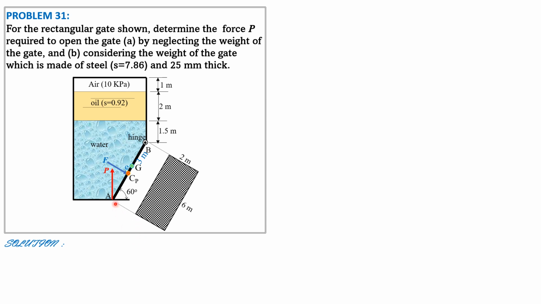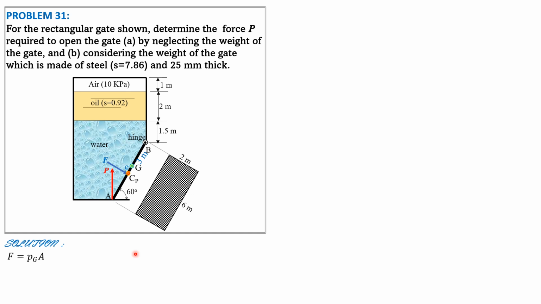So working equation, summation moment about the hinge equals 0. When the gate is about to open, there will be no reaction at A. So P times 6 meters cosine 60 equals F. The moment arm of F from B is 3 plus E.